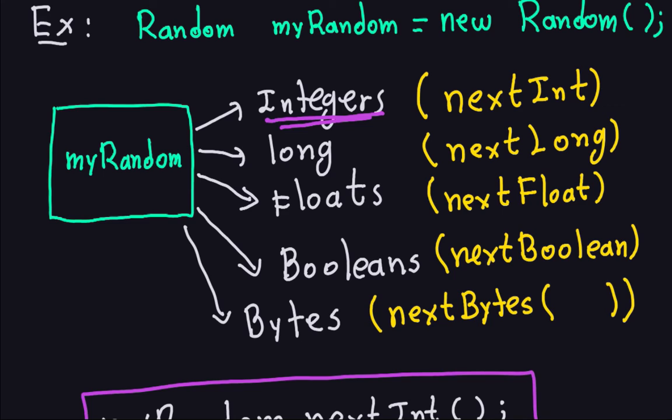Now I'm going to talk about another way to produce pseudo-random numbers, also with the Random Java class, which is new in Java 8, which is streams.